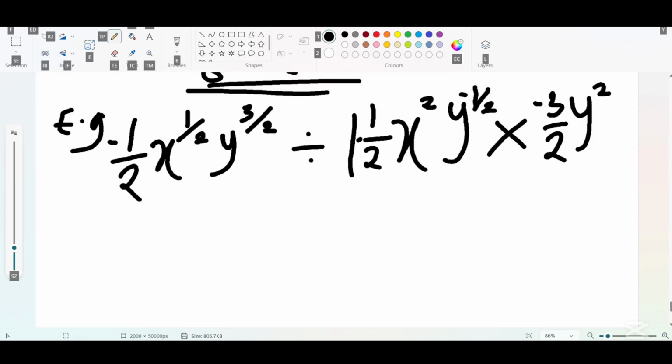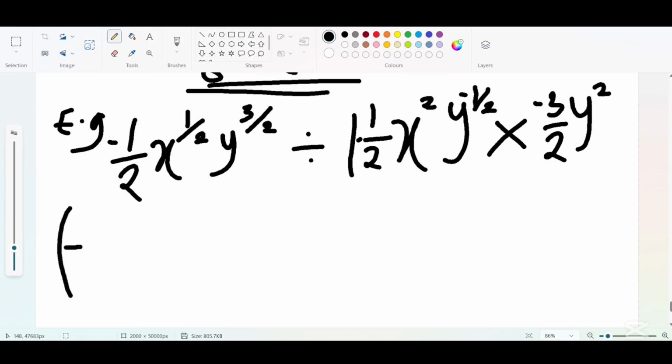Okay, now looking at this question, how do we resolve this? This is involving division and multiplication. And we have the coefficients. This is one coefficient, this is second coefficient, this is the third coefficient. Those three coefficients, they will come out.